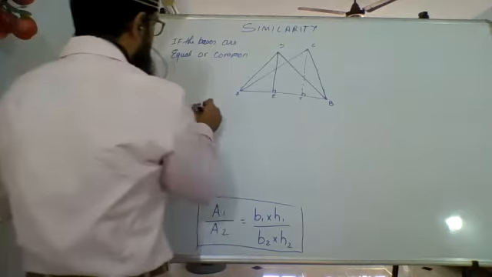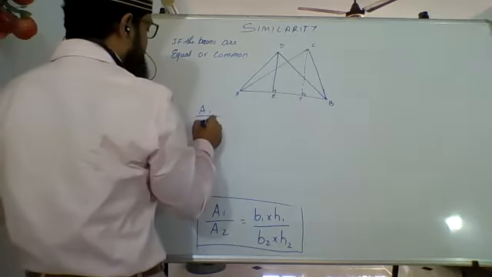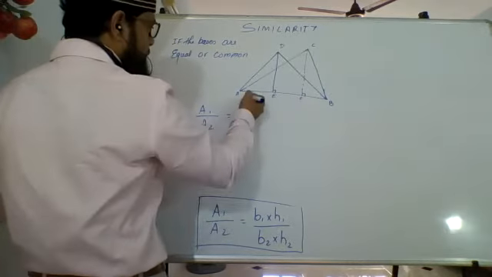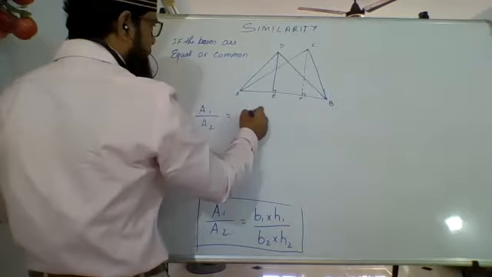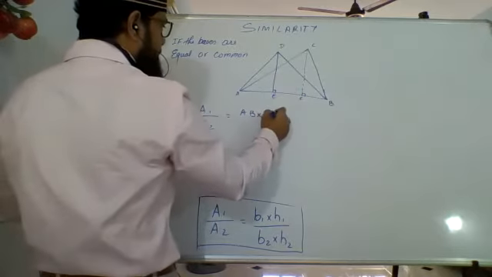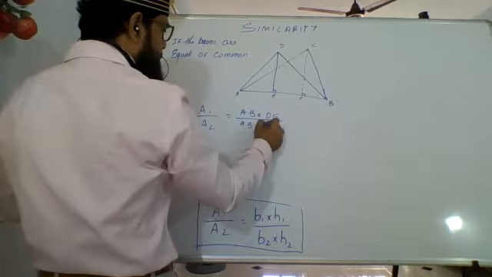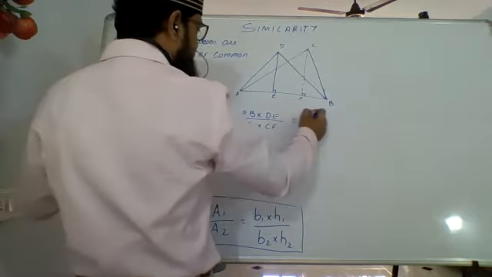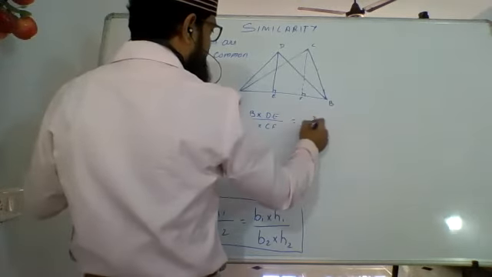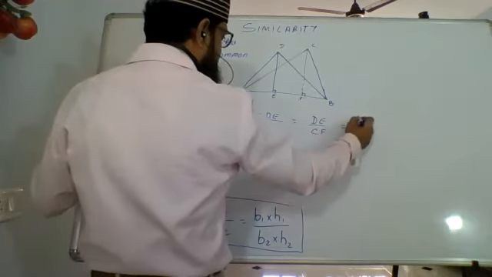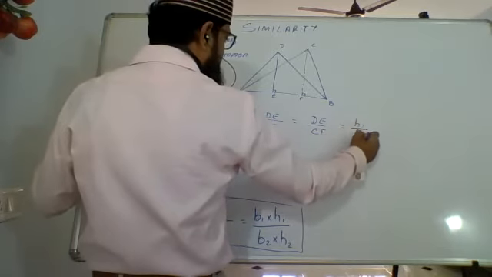I'll say A1 upon A2 equals, in this case, AB into DE upon AB into CF. AB will cancel, which gives DE upon CF, which is H1 upon H2.